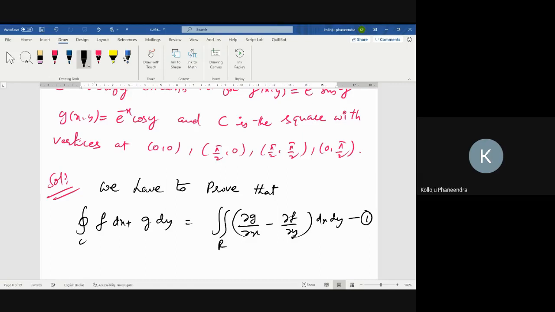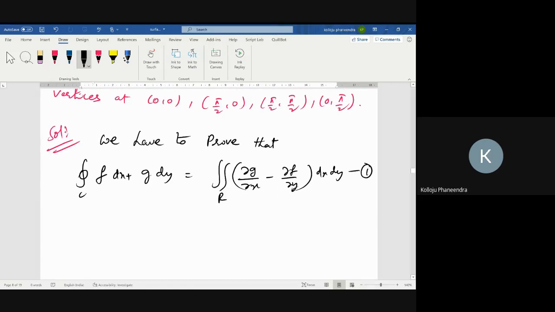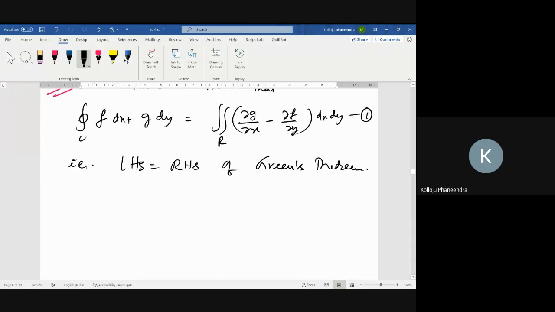So I have to find the LHS value and show that LHS equals RHS of Green's theorem.